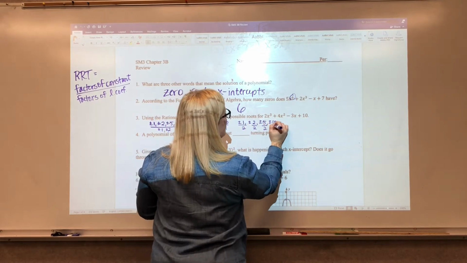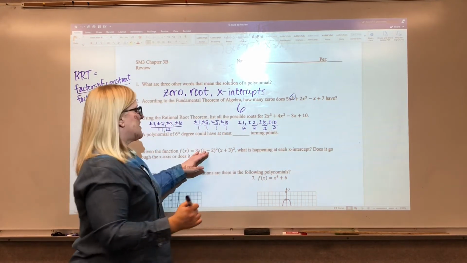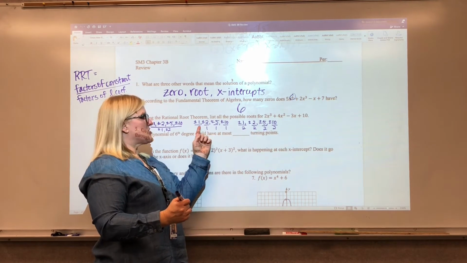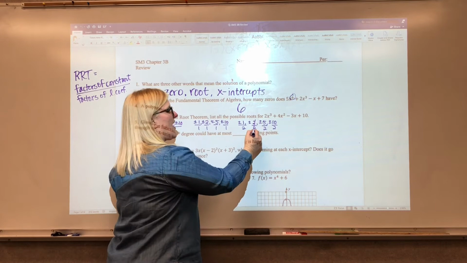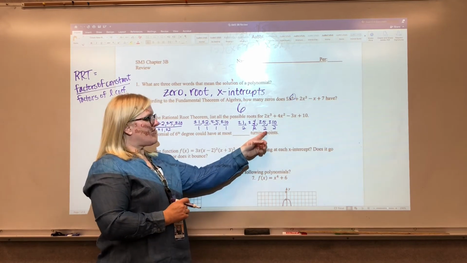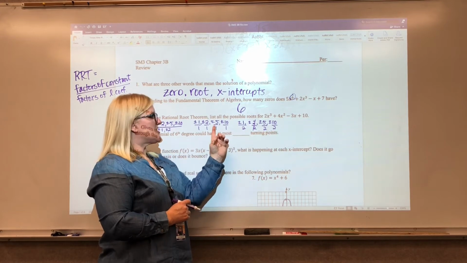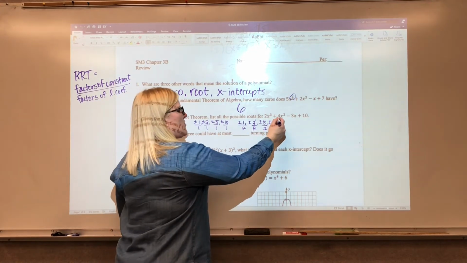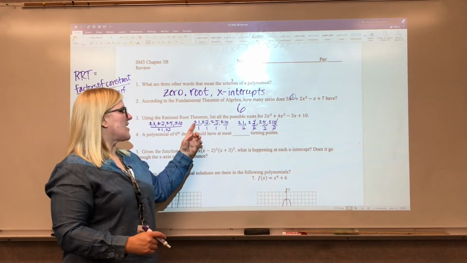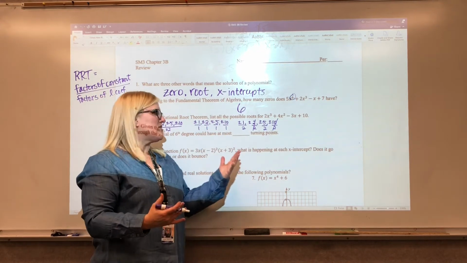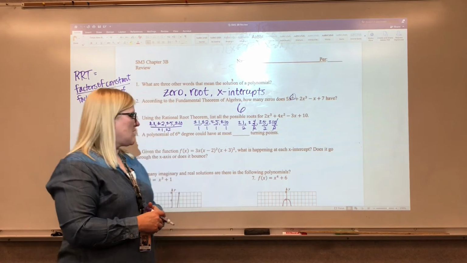Well, the thing that I need to see now is that I've got 1/2, but 2 over 2 is the same thing as 1. I already have that. So that can go away. Then I've got 5/2, and then I have 10/2, which is the same thing as 5, so that one can go away. So I've got a total of 1, 2, 3, 4, 5, 6. 12 if you count the plus or minus.